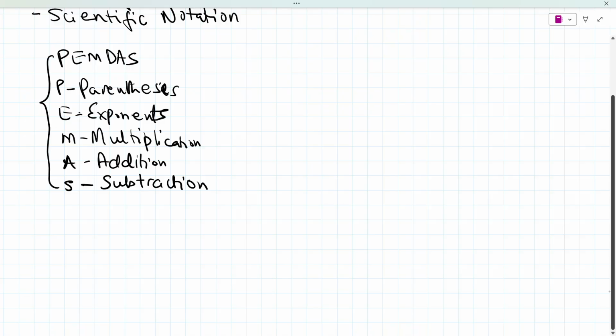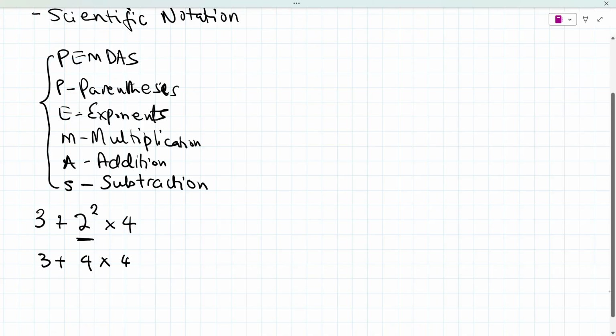For example, if we are given a problem like 3 plus 2 squared multiplied by 4, we first evaluate the exponent. We first evaluate this value here. So this becomes 3 plus 4 times 4.